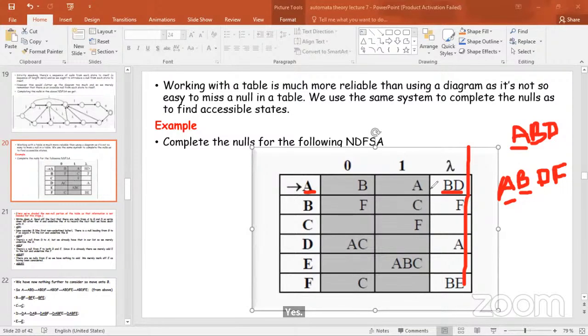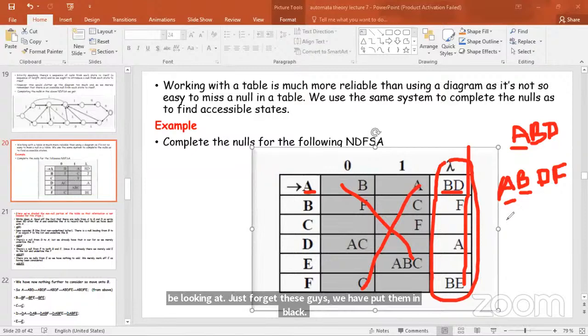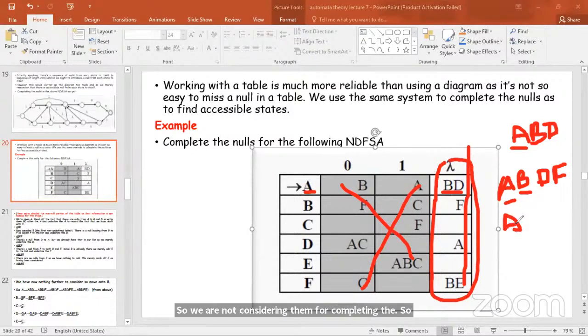Okay, you'll be looking at this column. That's all you'll be looking at. Just forget these. We have put them in black, so we are not considering them for completing the lambda. So the next state is that you have A, B, D, F, right?